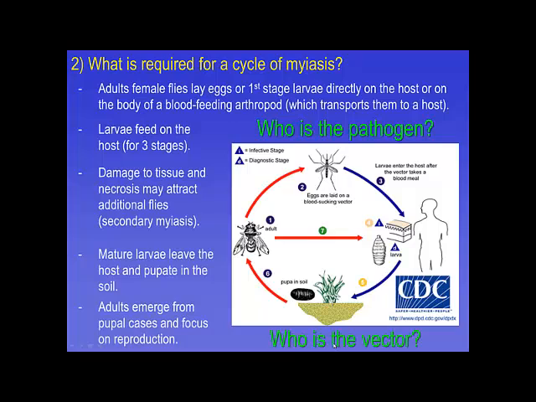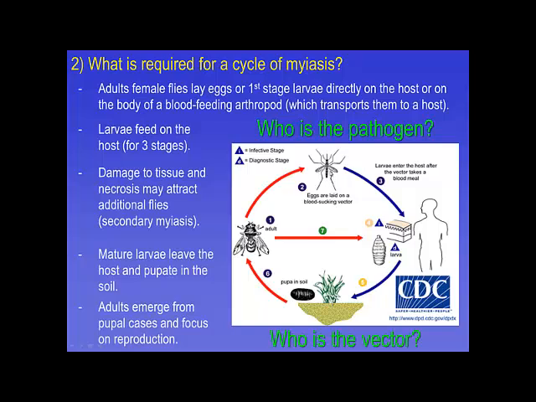And so before we answer those questions, I want to review a typical life cycle for myiasis, and then we'll discuss the answers to these two questions. And this figure below shows you a typical life cycle for myiasis. Let's start by looking at the adult female fly, which can lay its eggs or first stage larvae, if it's a live bearing fly, either directly on the vertebrate host or, interestingly, on the body of a blood feeding arthropod, such as a mosquito shown here.